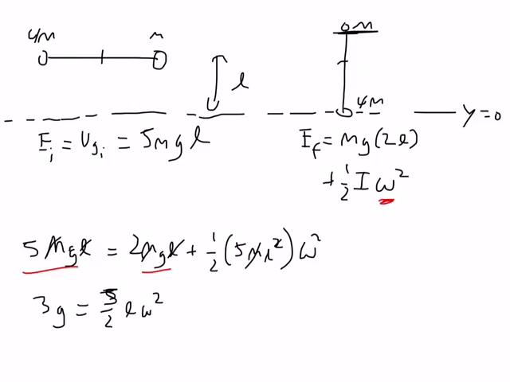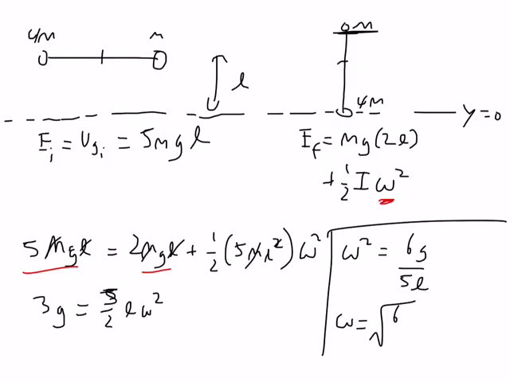And now we can solve for omega. So we'll get omega squared equals 6g over 5L, or omega is the square root of 6g over 5L, right? And that's our angular velocity.